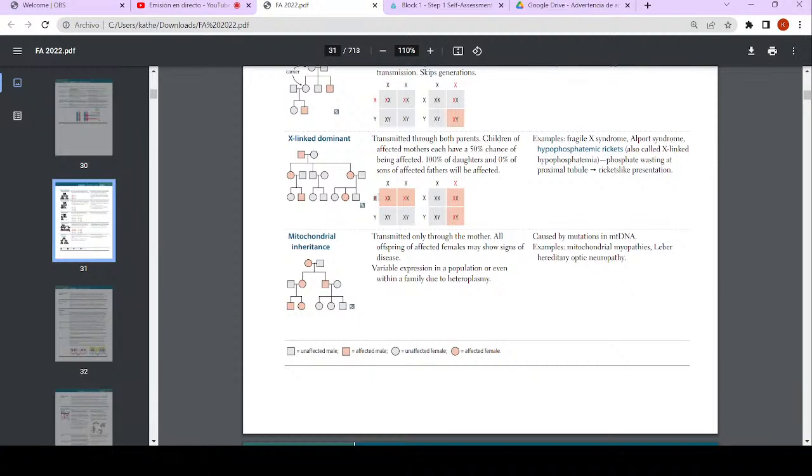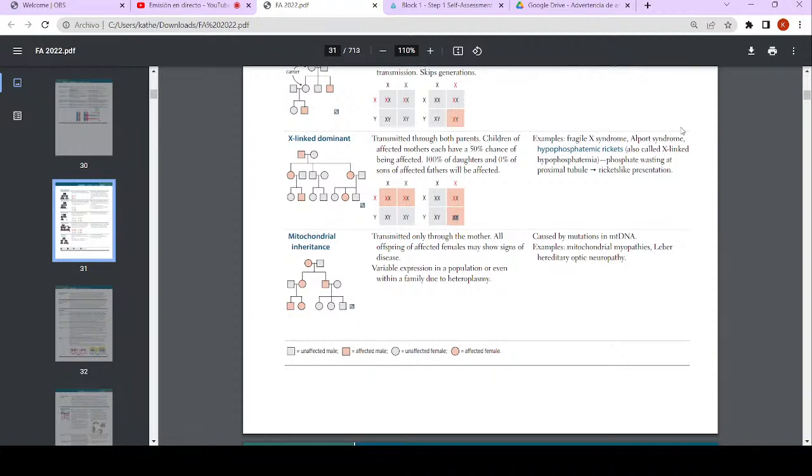Of course, the girls, XX, will always be affected, and the boys, XY, will all be without the disease. But in the case of the mom, the girls have a 50% chance, and the boys also have a 50% chance of being affected.